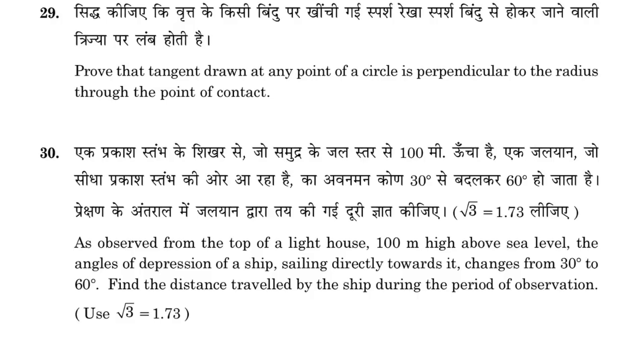30th question. In this question we have a lighthouse and this is 100 meters above the sea level. So let this be the sea level, and the angle of depression of a ship sailing directly towards it changes from 30 degrees to 60 degrees.